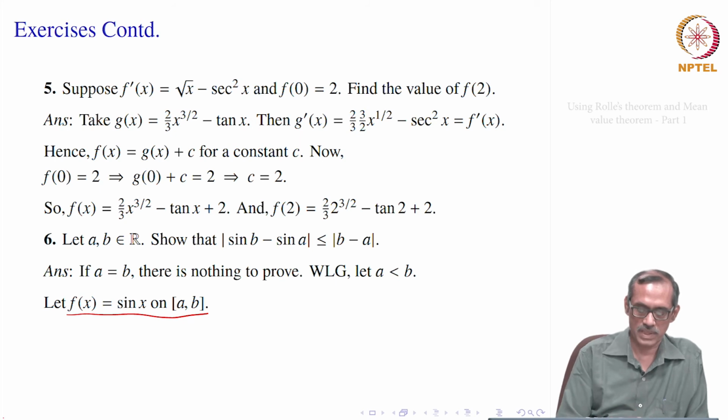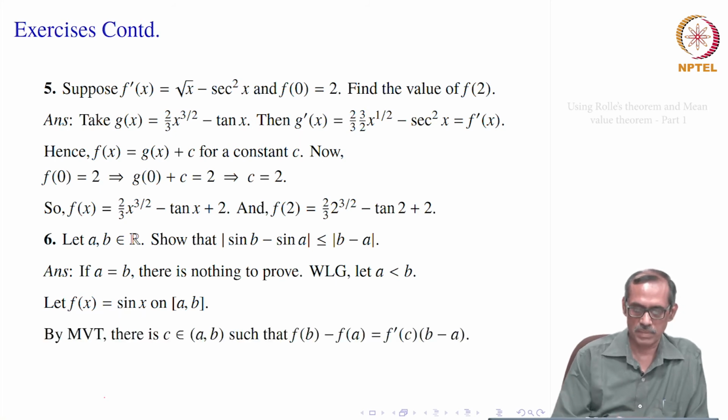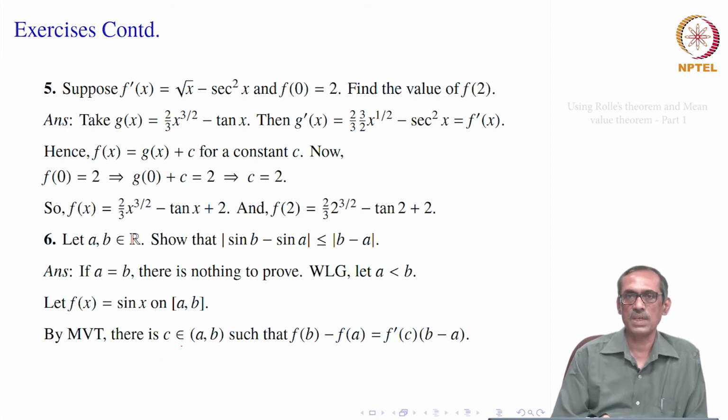Okay. So, consider f x equal to sin x on the closed interval a b. Then it is continuous on the closed interval a b and differentiable on the open interval a b. So, by the mean value theorem, there exists one c inside the open interval a b, in between a and b, such that f b minus f a is equal to f prime c into b minus a.